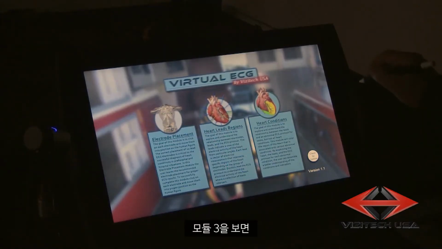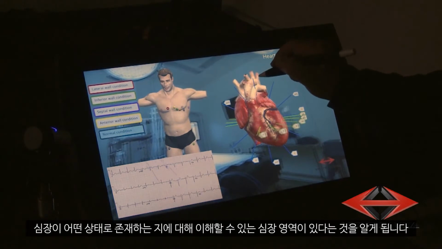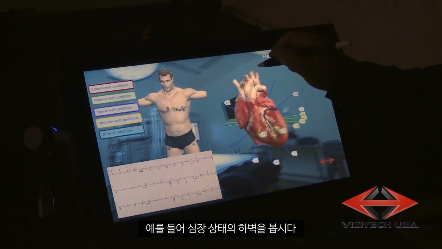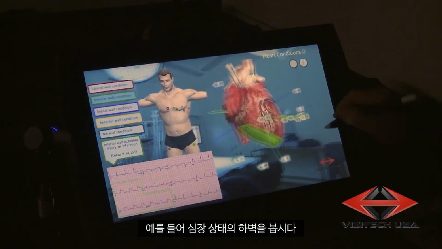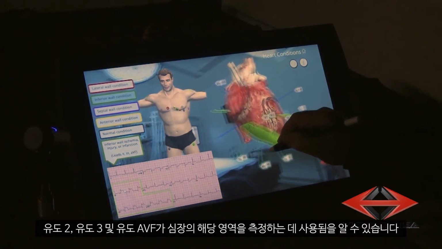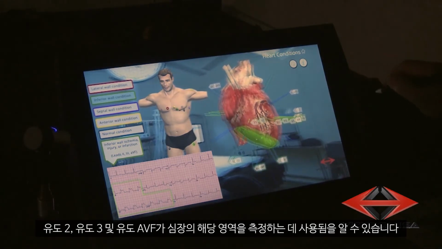Looking at Module 3 helps us understand that there are regions of the heart that are measured to help us understand what conditions exist. So we look at the inferior wall, for example, as a heart condition. We see that lead 2, lead 3, and lead AVF are used to measure that region of the heart.